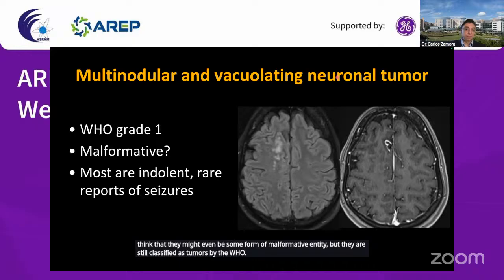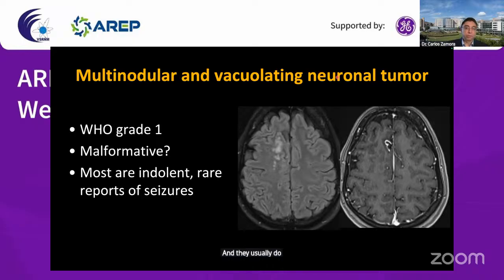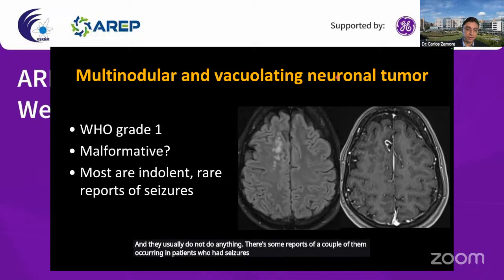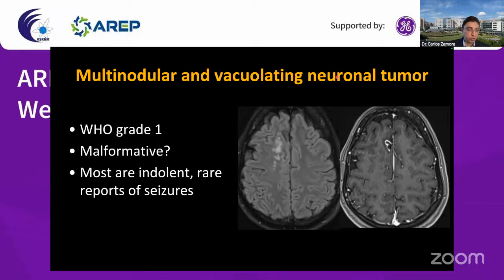And they usually do not do anything. There's some reports of a couple of them occurring in patients who had seizures, but it is not known if it was just a coincidence, right? Because we don't have a large amount of data, and a strong link has not really been established, right?